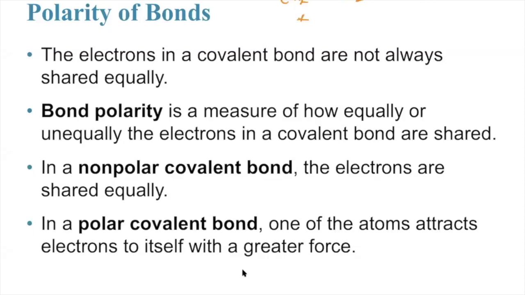Now, when there is a difference of pulling, we call that a bond polarity, which means that they are not equally pulling on each other. One is pulling more, and the electrons are not equally being shared. We also have a term called nonpolar covalent, which means that the electrons are equally shared.